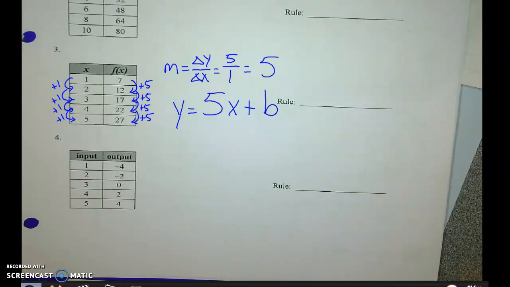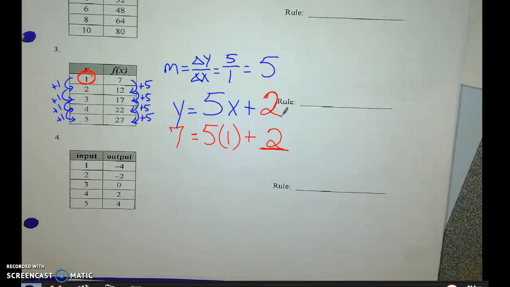So I'm going to take some numbers and plug them in. I'm going to take this 1 and I'm going to plug it in. 5 times 1, okay, plus something, okay, 5 times 1 is 5. Well, how in the world do I get from that 5 to equal 7? Well, to be able to do that, I have to add 2. So that means that this b is going to be plus 2.